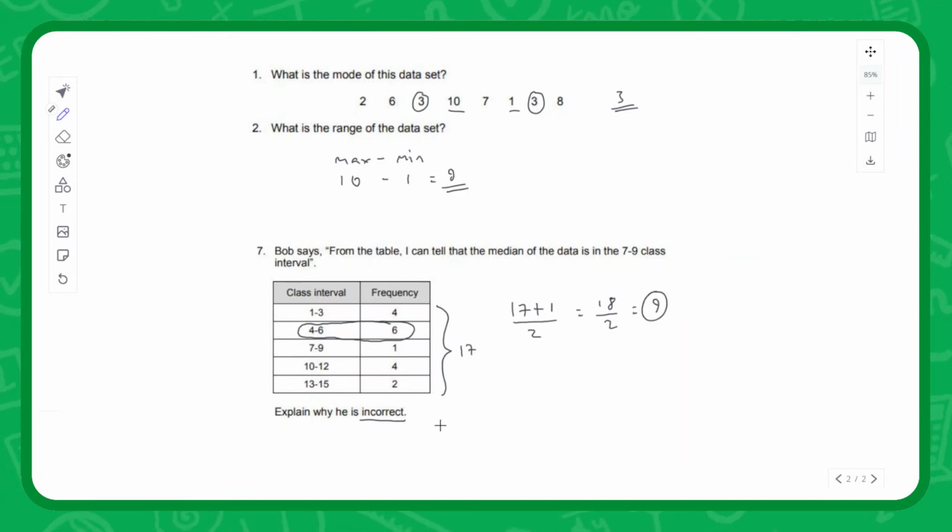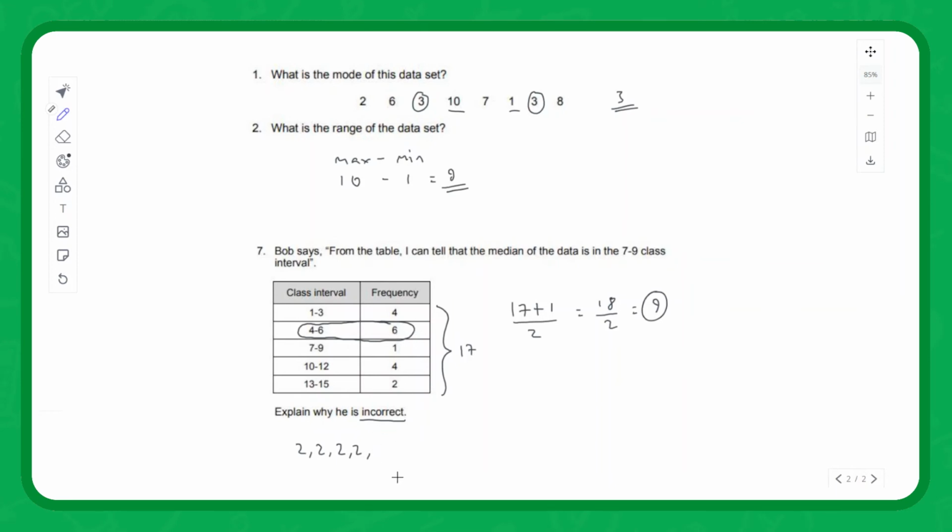Another way that we can understand this is if we estimated the lengths of each string. Let's continue this string example. Rather than 1 to 3, we're going to estimate and say all the pieces of string in this class interval are 2 centimeters long. And so we would have 4 2 centimeter long pieces of string in that class interval.